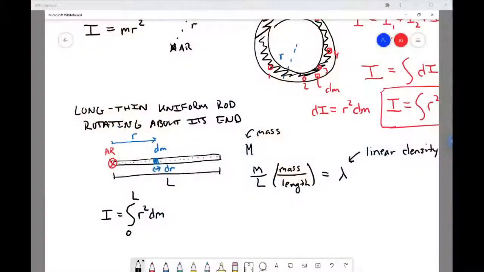I don't know if you've done this before, but what this means is you've got to do a change of variables. This is why I took the time to define this mass per unit length. If the linear density is mass per unit length, what's the connection between dm and dr?